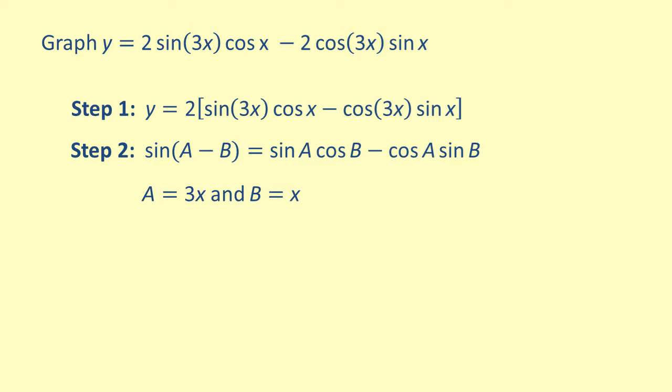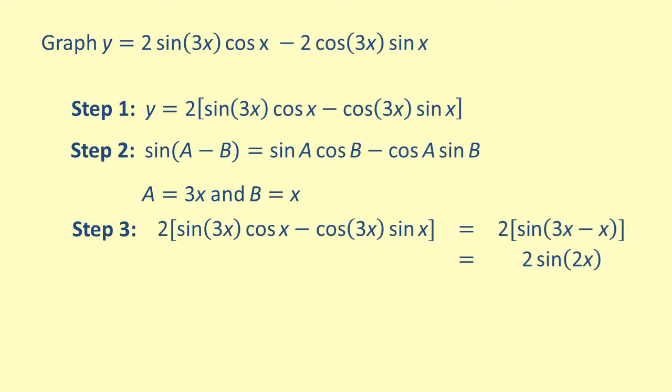Knowing that the expression sine of 3x times cosine of x minus cosine of 3x times sine of x is the form defined by the difference identity of sine, and knowing that a equals 3x and b equals x, we can rewrite this expression as its equivalent according to the difference identity of sine, which gives us sine of the quantity 3x minus x, which simplifies to sine of 2x.